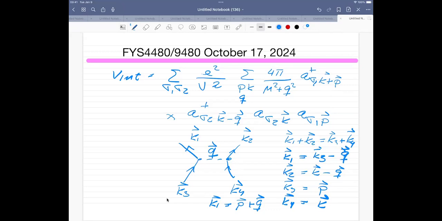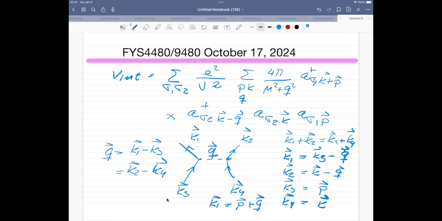And this Q is simply equal to K1 minus K3, which is also equal to K2 minus K4 due to momentum conservation. Okay, so these were the quantities which we introduced last time.